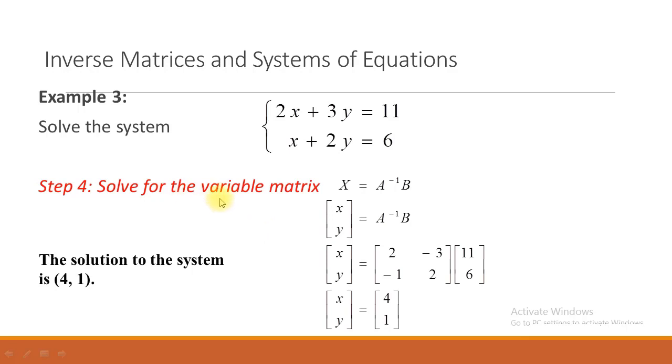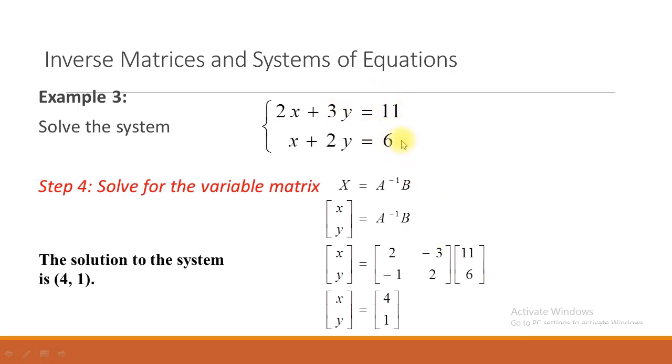Now in the next step, to find the solution of the system, we use this formula, X is equal to A inverse B. This is the variable matrix. In the variable matrix we have two variables x and y, and the inverse matrix of A is multiplied by B. This is the inverse of the coefficient matrix, and this is matrix B. Matrix B is the constant matrix, the constants lying on the right hand side of the equations.